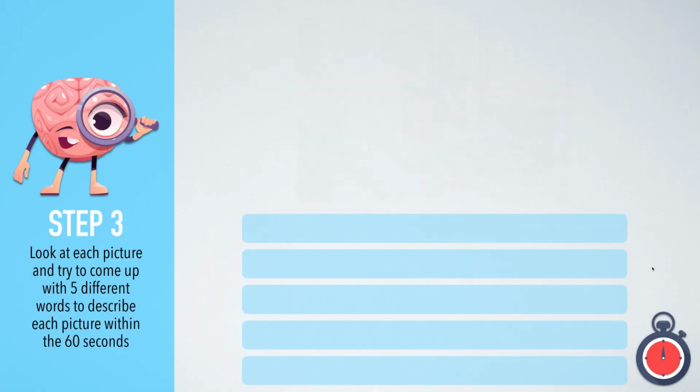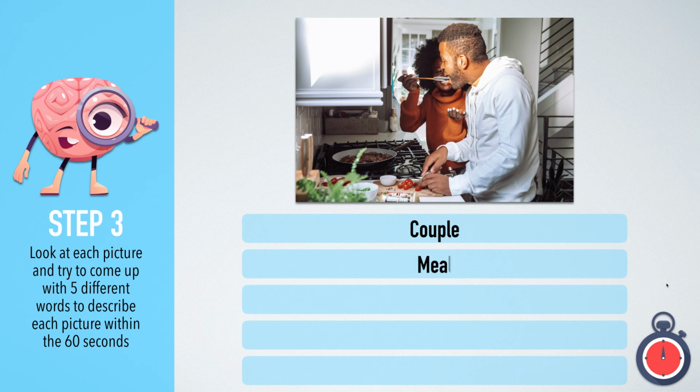So for me, just to show you my words very quickly, I have this image with the couple. I said couple, meal, love, scrumptious, and dinner. Now for pronunciation practice after me, scrumptious. Good. Last time, scrumptious. Excellent. It just means very delicious.